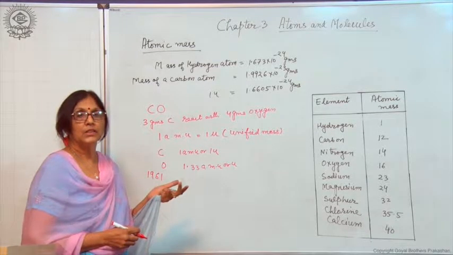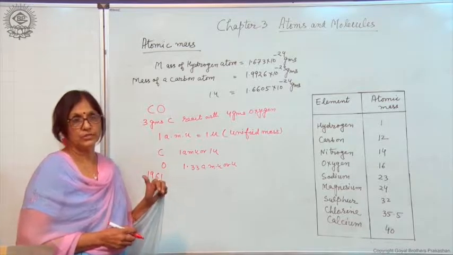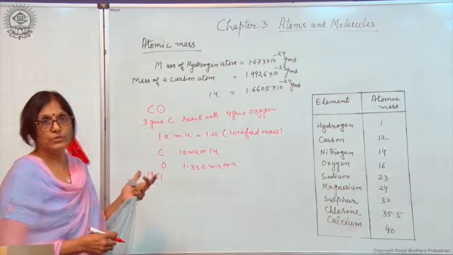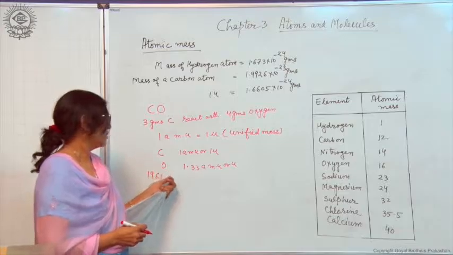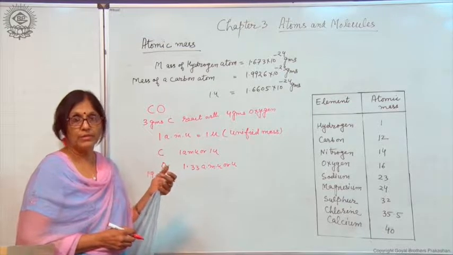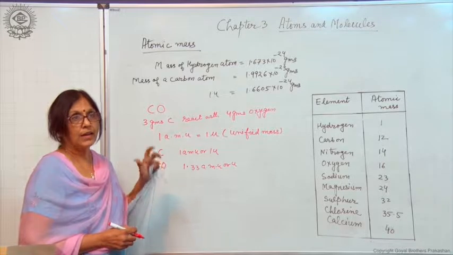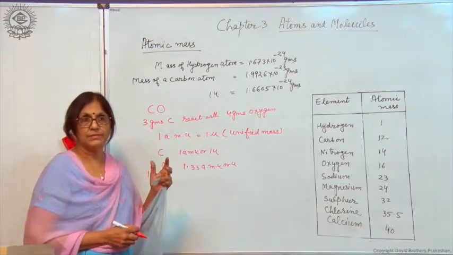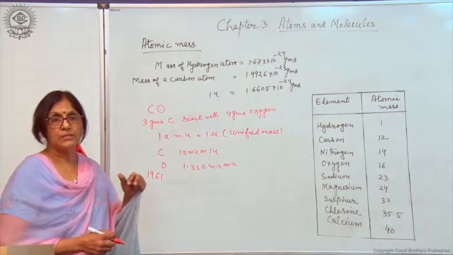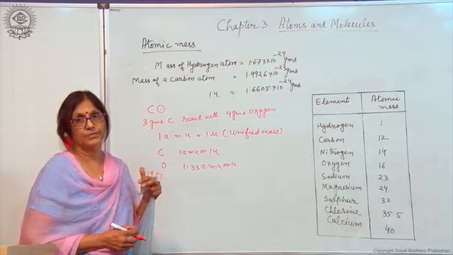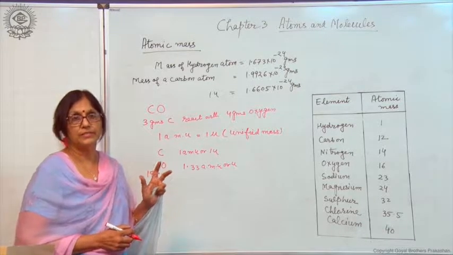Carbon atom has 6 protons and 6 neutrons, so its mass is taken equal to 12 AMU or 12 u, and the atomic mass is then compared with the mass of carbon atom taken as standard.